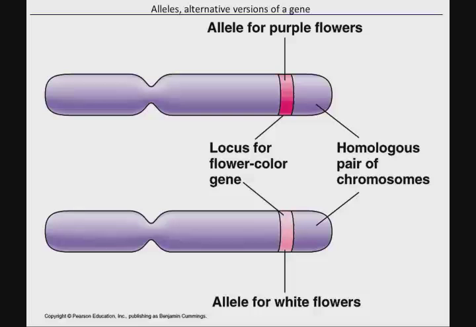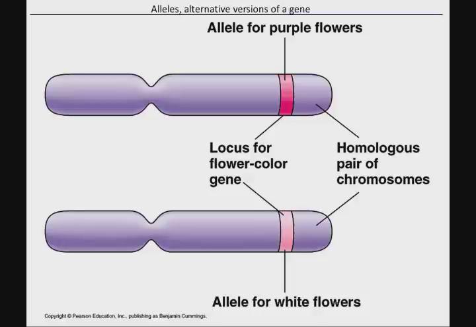Now, when we look at those two different versions, or those two different chromosomes that are in the pair, they're copies of those chromosomes. All the genes that are on those chromosomes are the same. But the versions of the different genes, the versions of the genes at those different locations on the pair of chromosomes may be different.